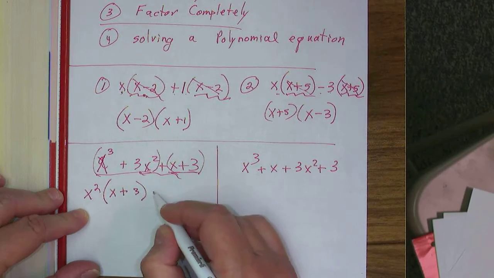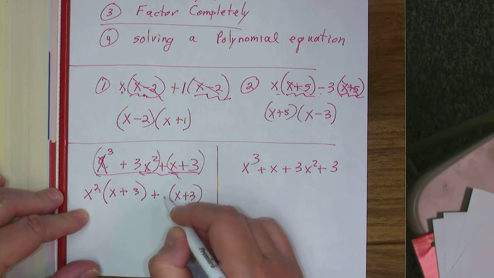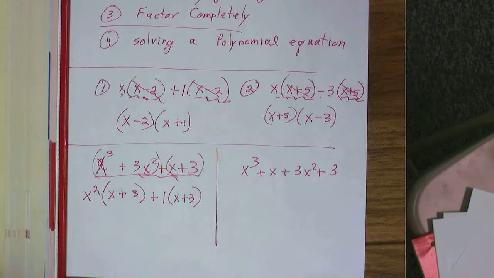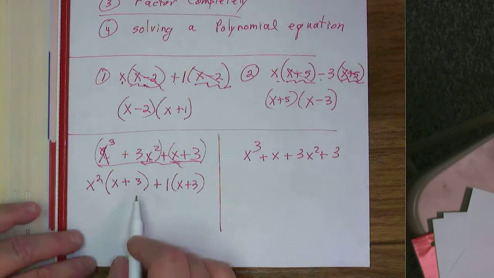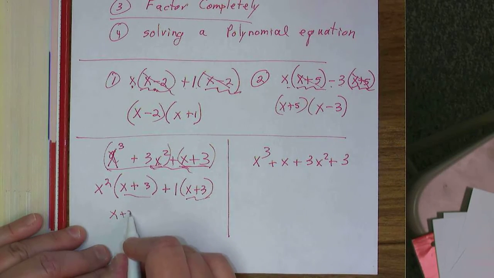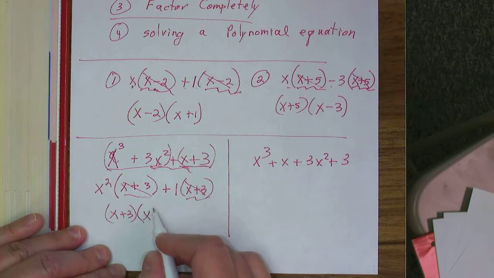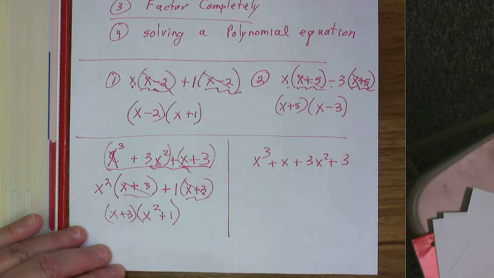We take out the x squared, we have 3 left. Now, you notice that this is an x plus 3. If I group it together, there's a 1 out here. There's 1 set of x plus 3s. Now, the common binomial factor would be x plus 3. If you take that out, you're left with x squared plus 1.